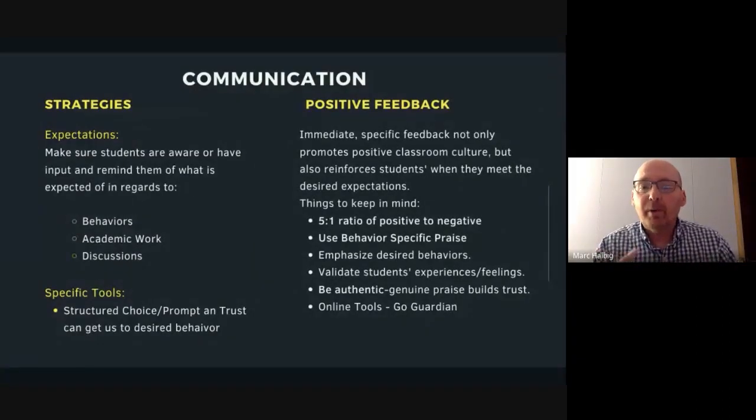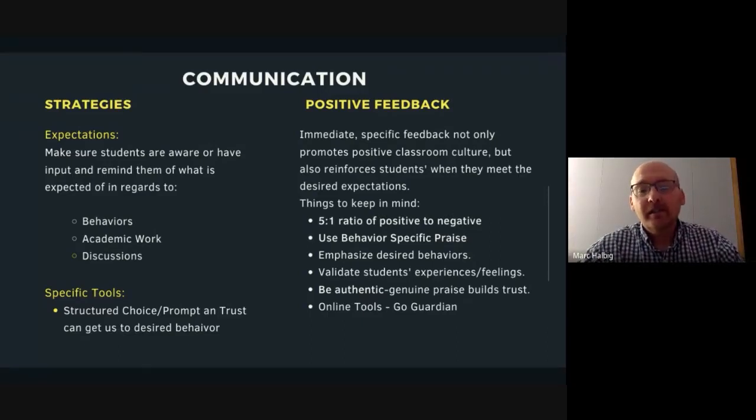So one way of doing that positive feedback is the 5-to-1 ratio. Now I'll admit, that was never my strength. I can get pretty task oriented sometimes, and I get more involved in the to-do list. And I may be grateful for what the students are doing, but I sometimes forgot to communicate.